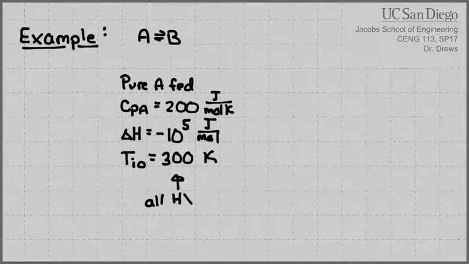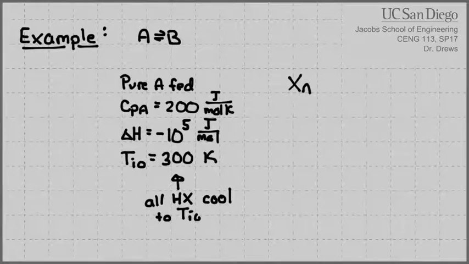All the heat exchangers will cool to Ti naught. My question then would be something like, what is XA overall after you come out of reactor 3?